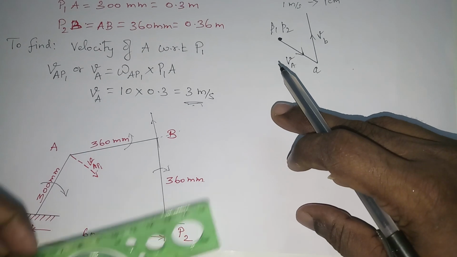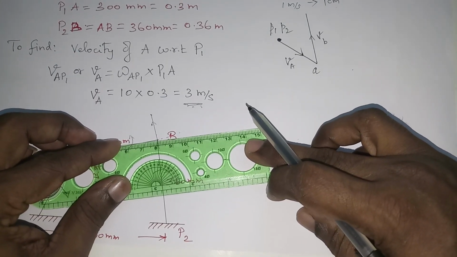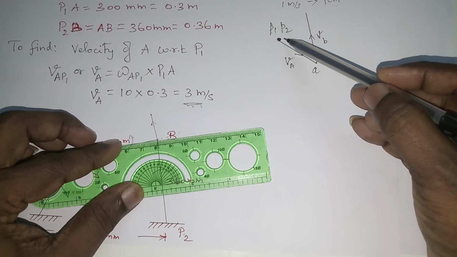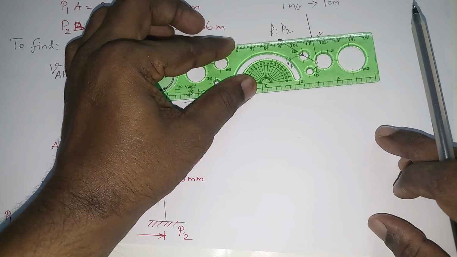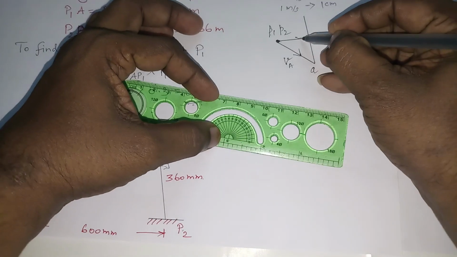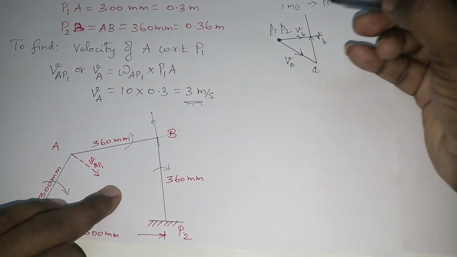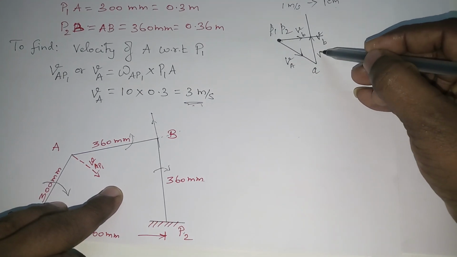So place your ruler perpendicular to this one and move towards the point P2. Already the point P2 is here. Just move towards the point P2 and connect it by a straight line. Now this represents the velocity B, VB.